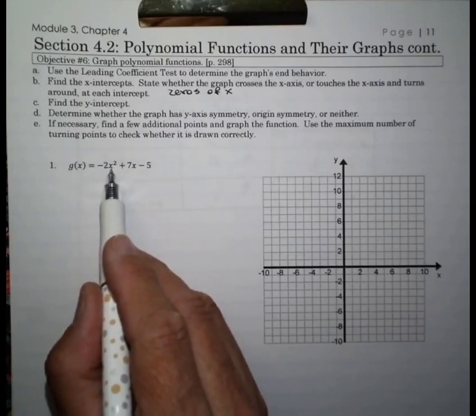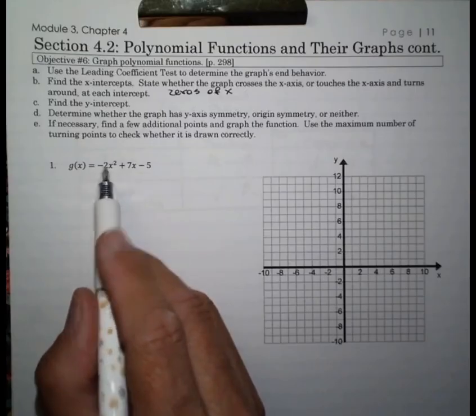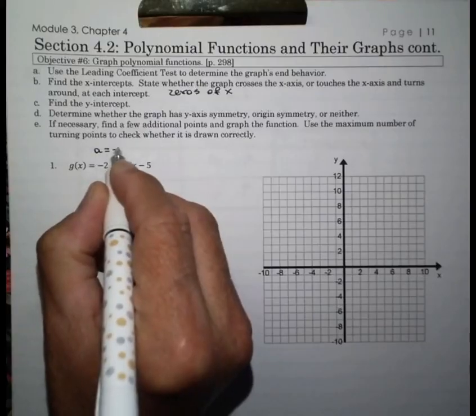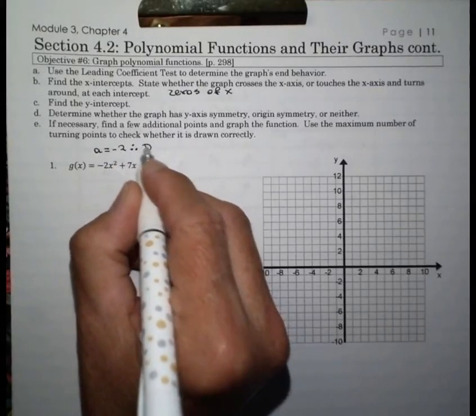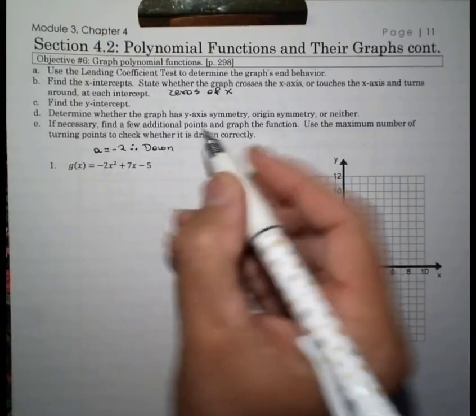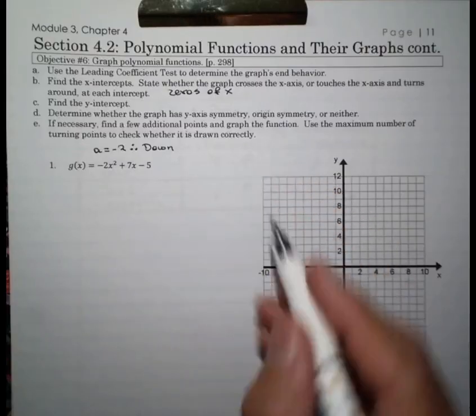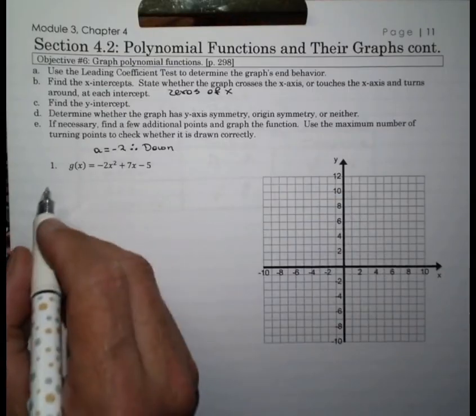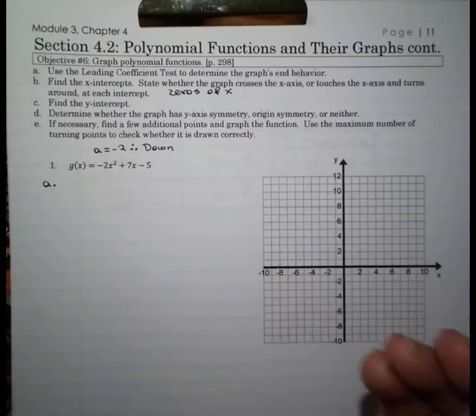This is a parabolic function, a parabola, and it has a leading coefficient of -2. Therefore, I already know if a is equal to -2, it's going to be a downward opening parabola. So I already know what this thing's going to look like, don't I? It's going to open as a bowl shape going down. I knew that from my first section, but that doesn't disagree with what we've done in this section. So I'm going to use the leading coefficient test to sort of prove that to myself.